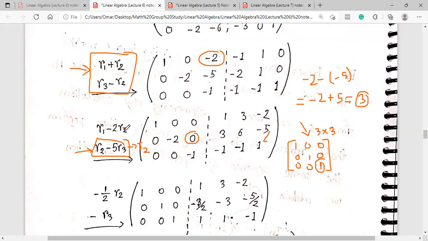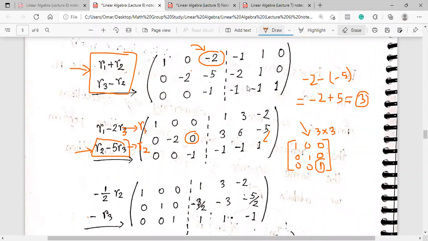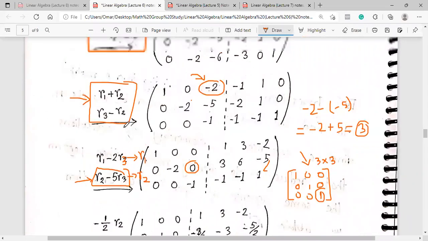And then we will substitute the value to row 1 because we want this value as 0. That's why we are substituting the result to row 1. So let's see.